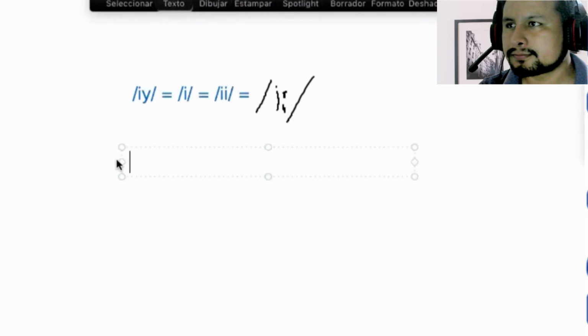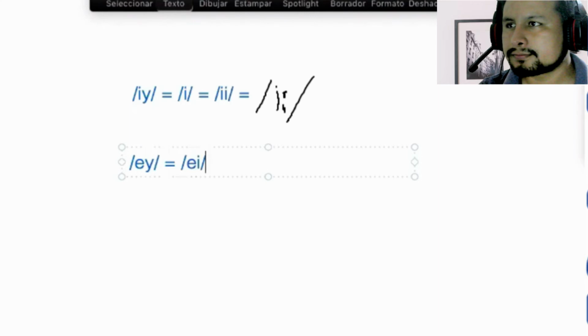Okay. Then for example, A sound, this is what you have in your book. In your book, you have this symbol. Right? But in other books or dictionaries, you will probably find something like this. All right? The sound is the same.